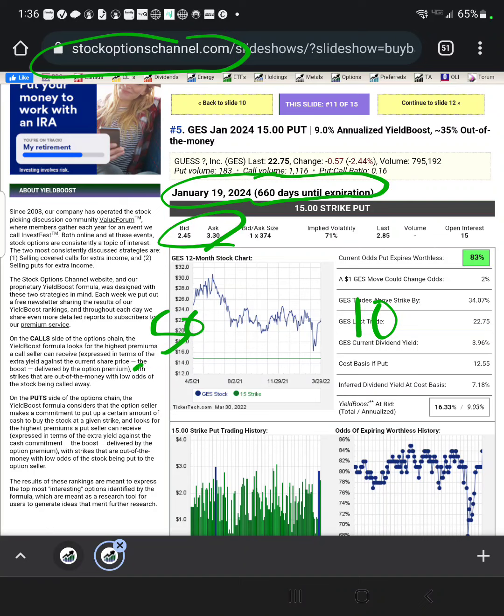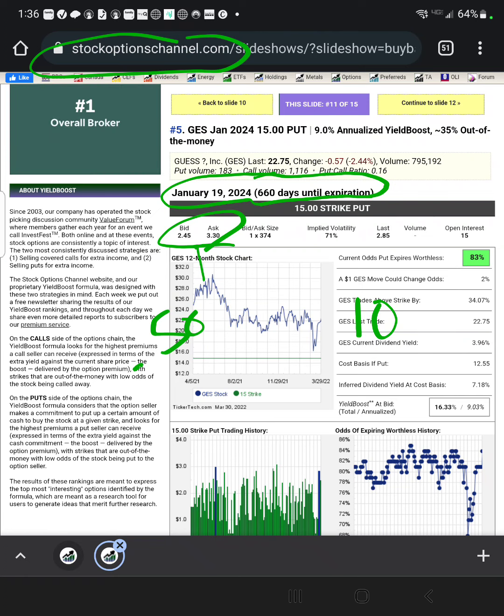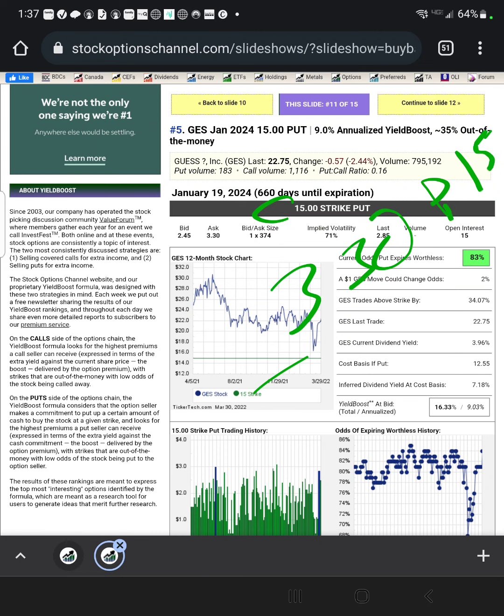So if you did a spread, if you got the ask, you're going to be selling it for 330 bucks for the contract, that's for a strike of 15. So P15. Okay. That's the one that you sold.